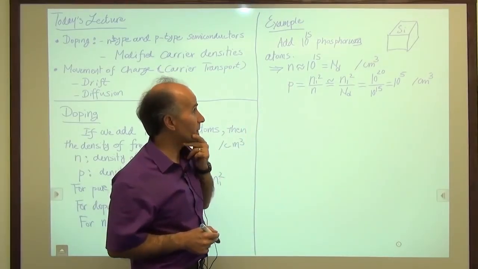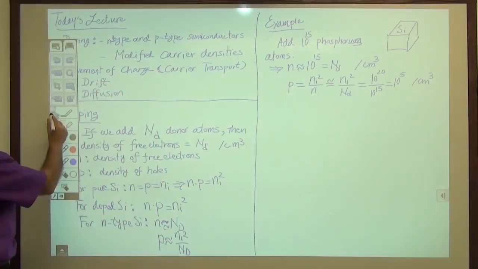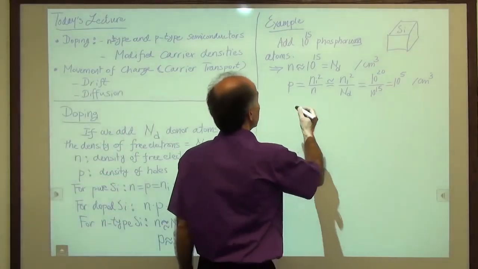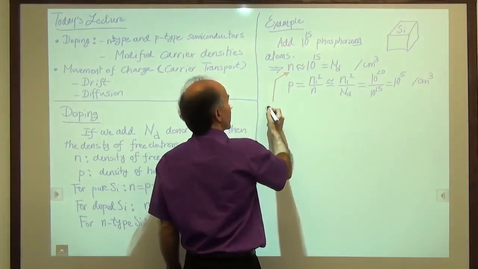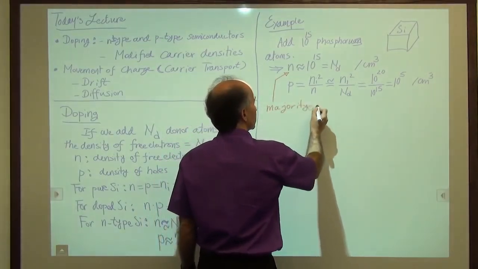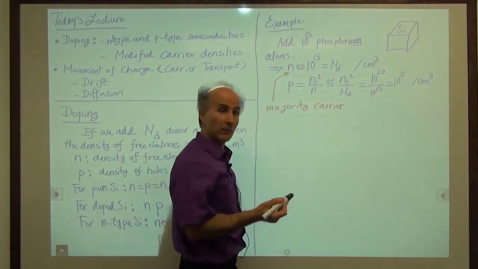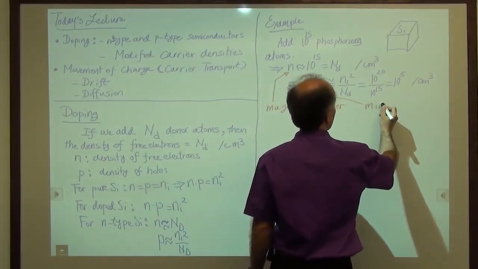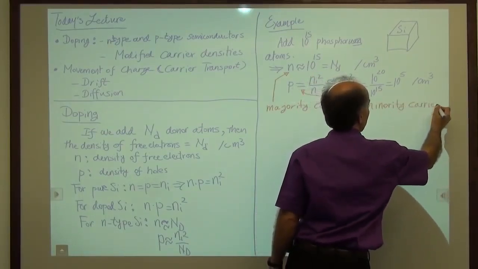And then it's not surprising if we come along and we say, I will change the color of my pen to red. It's not surprising if for this N-type material, we call N the majority carrier, and P the minority carrier.